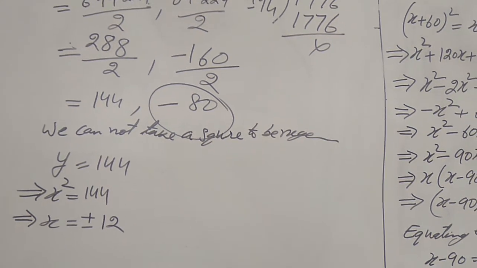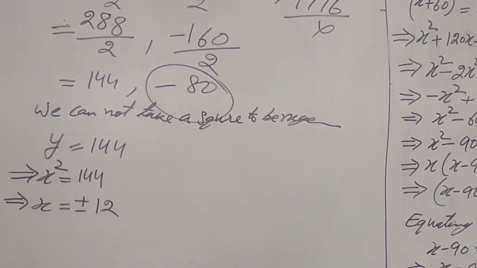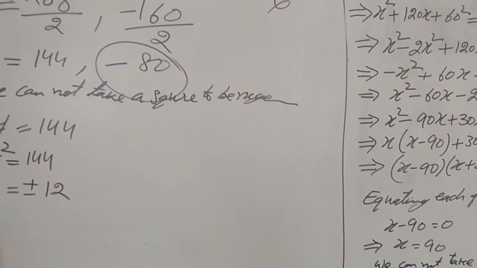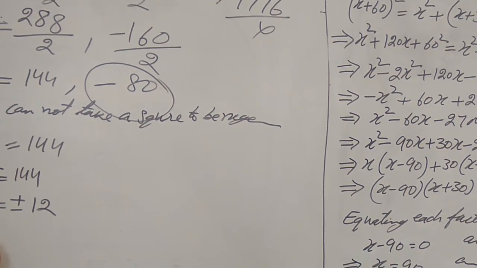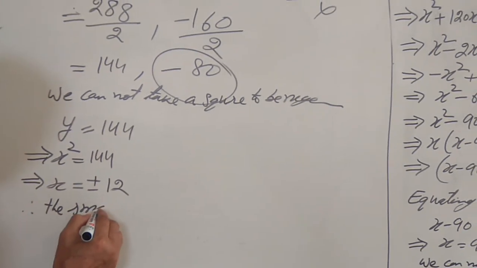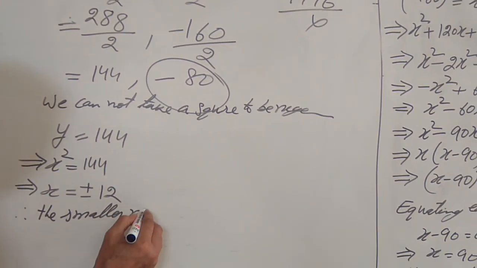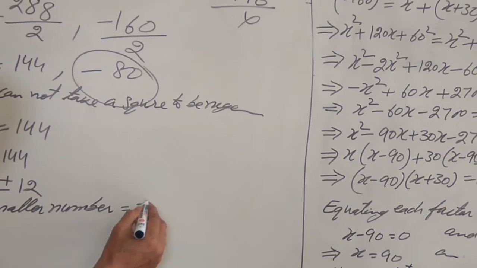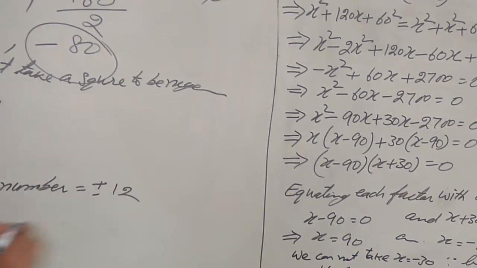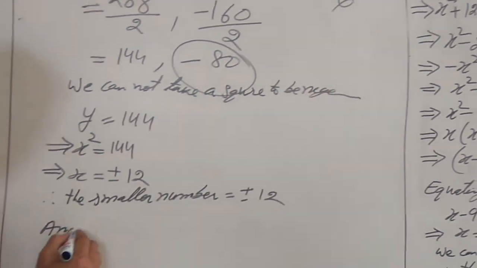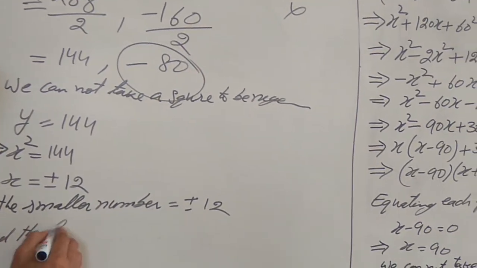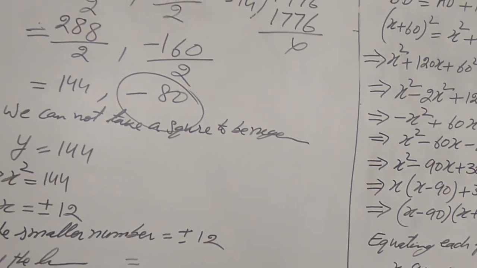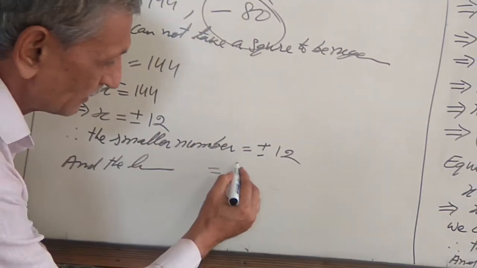Now from this we can find out the other number. Therefore, the smaller number is equal to plus minus 12, and the larger number is x square upon 8.